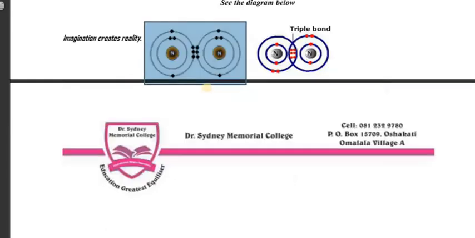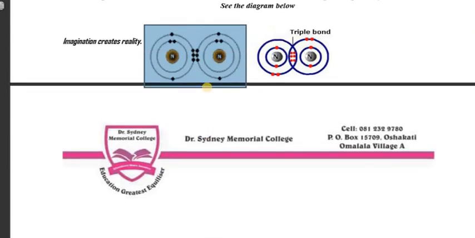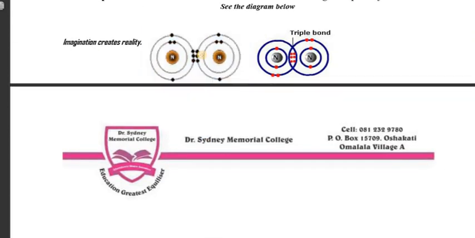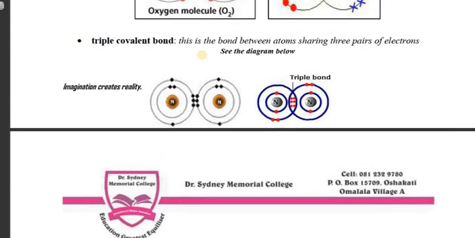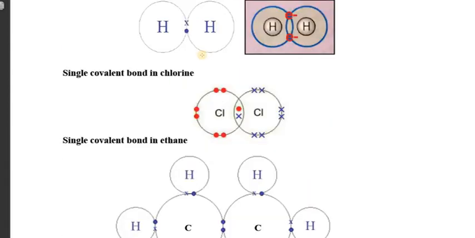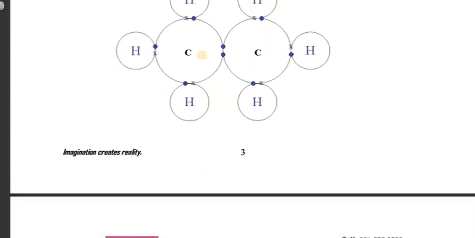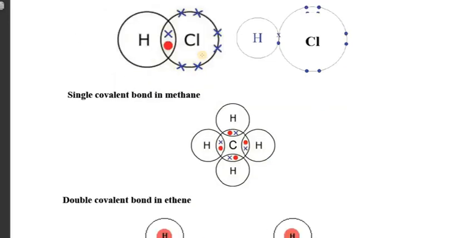There is a triple bond in this nitrogen molecule because they are sharing 3 pairs of electrons. 3 pairs means 3 times 2, so if you see that 6 electrons are being shared, then you know that is a triple bond.